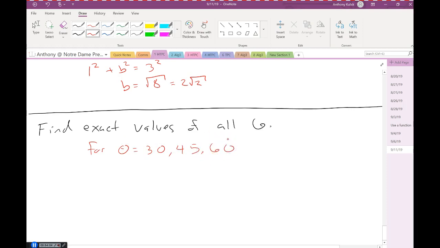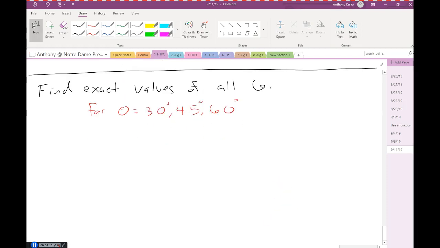Is when theta is 30 degrees, 45 degrees, or 60 degrees, because we can revert to using our special right triangles. They were, but you weren't given an angle measure in any of those situations.